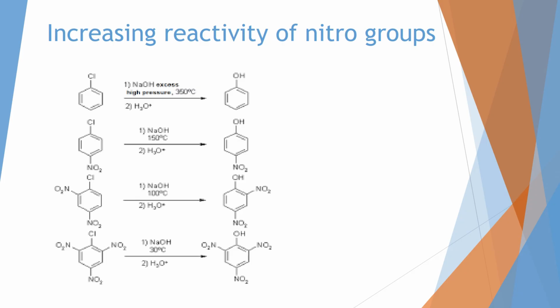If the chlorobenzene is substituted by 3 nitro groups at ortho and para positions, that is 2,4,6-trinitrochlorobenzene, you may see that the product is formed even in warm water, that is at 30 degrees centigrade. So, these things prove that the presence of nitro groups increases the rate of the reaction.